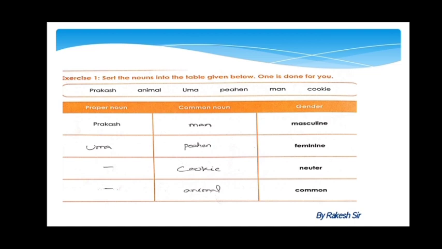They come under masculine gender, no doubt, but as types of noun they come under common noun. Then cookie, as you know, is neuter gender, a non-living thing. I hope you understood. So write it down.